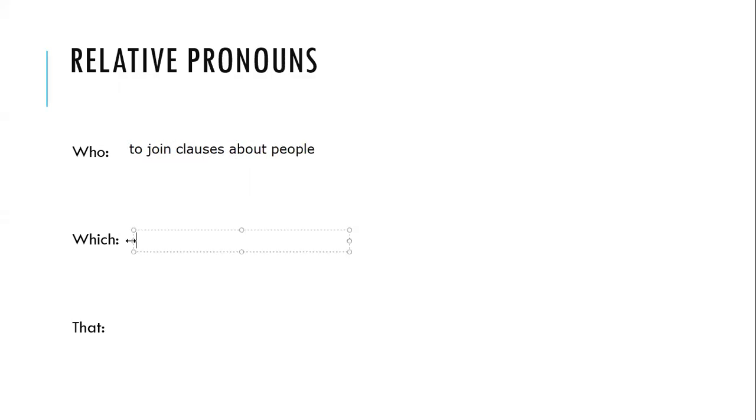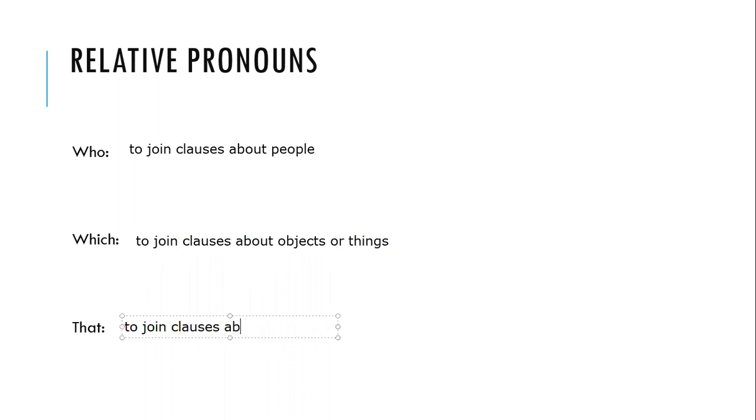Which is going to be used to join clauses about objects or things. And finally, that is going to be used to join clauses about objects or things and also people.